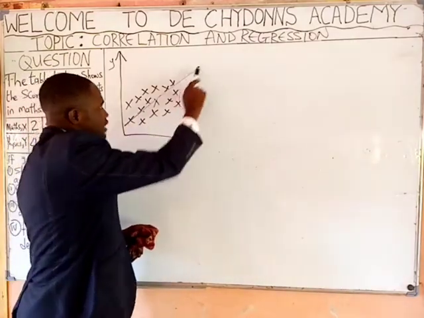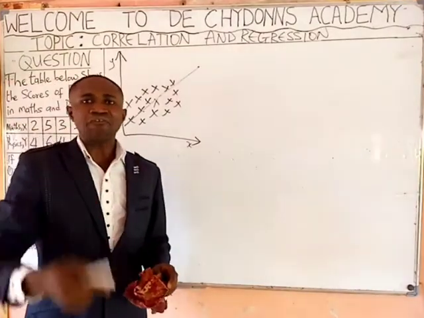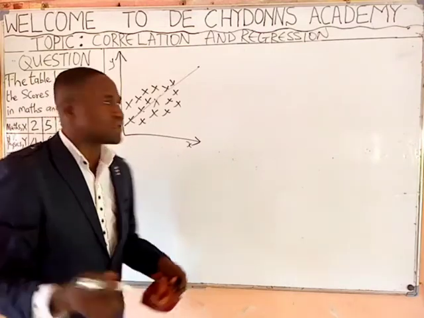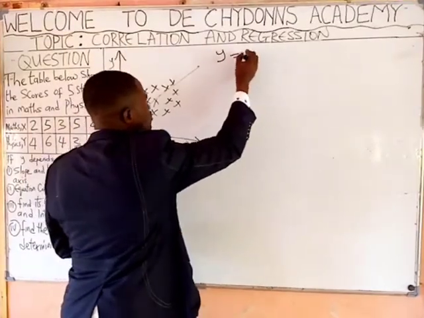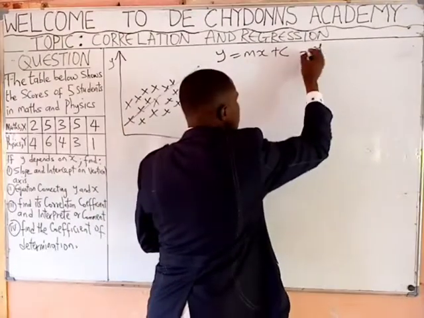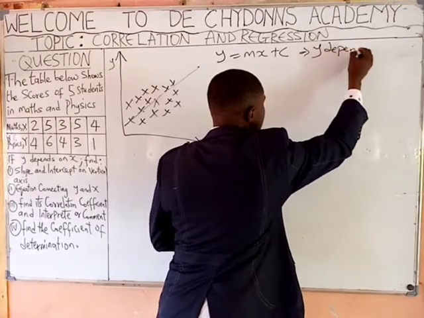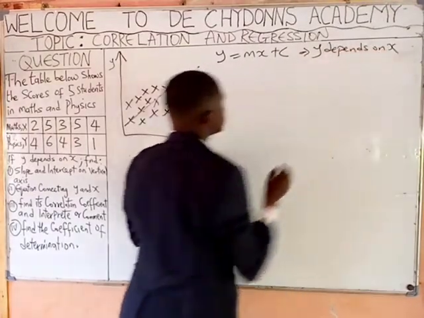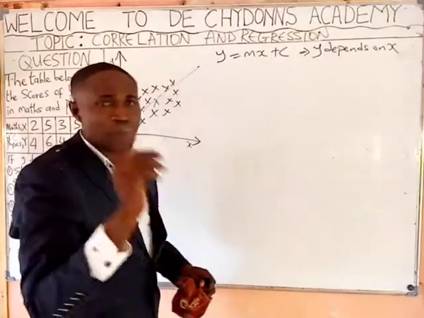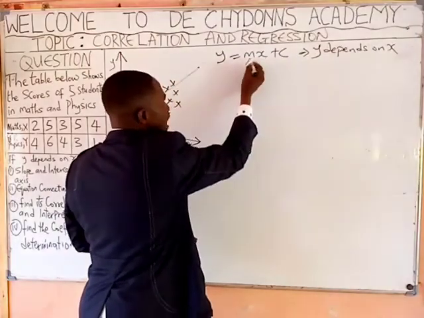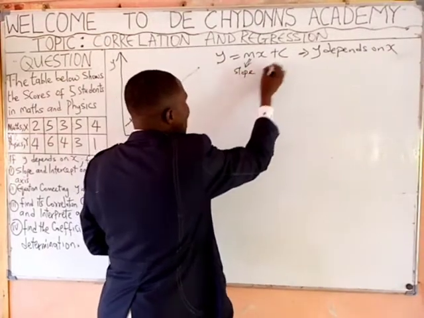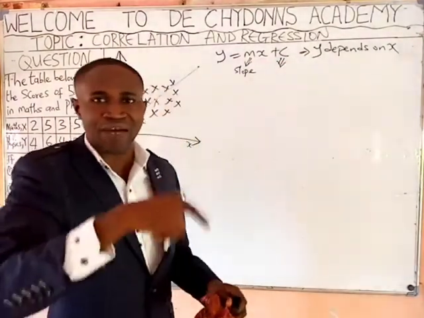Since every line has an equation, we have the general equation for a straight line, and that is y equals mx plus c. This is when y depends on x, where you plot the graph of y against x. This m will be called the slope, while the c will be called the intercept on the vertical axis.